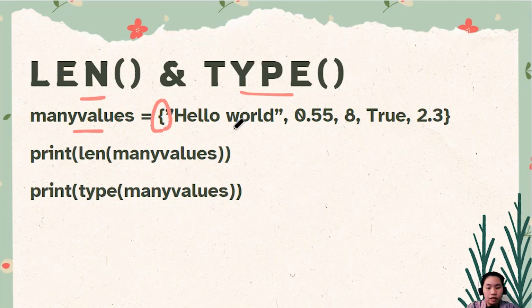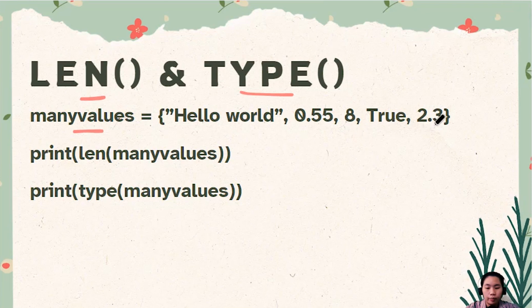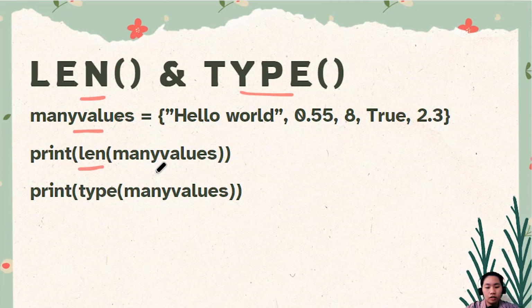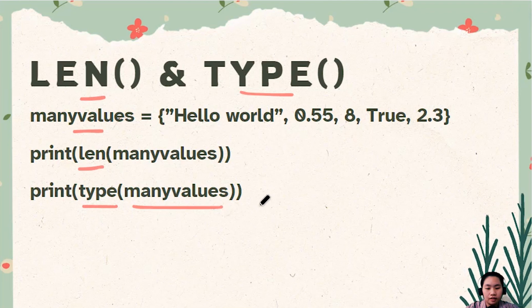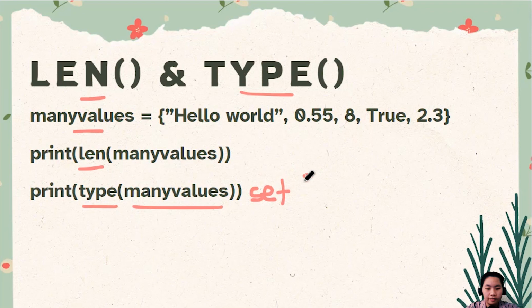A set can contain multiple data types: a string, a float, an integer, a boolean. Now, if I print the length of many values, what do you think the length will be? 1, 2, 3, 4, 5. What do you think the type of many values will be? Well, it is a set.